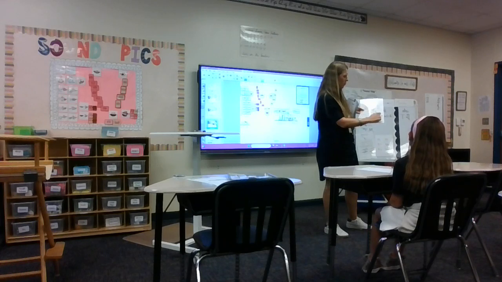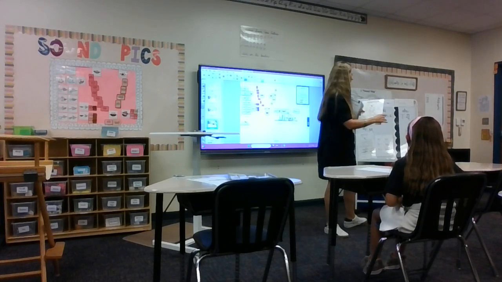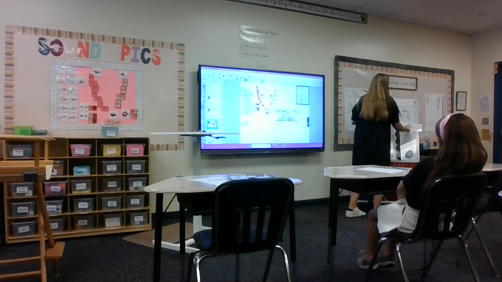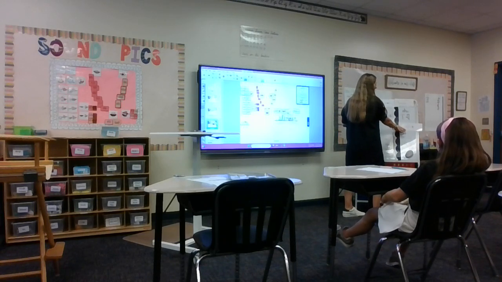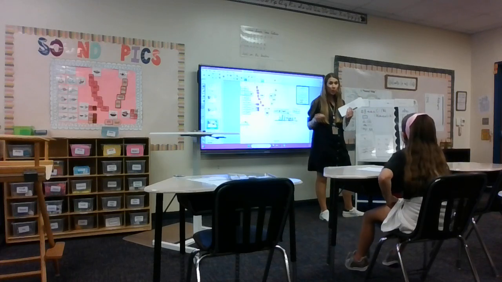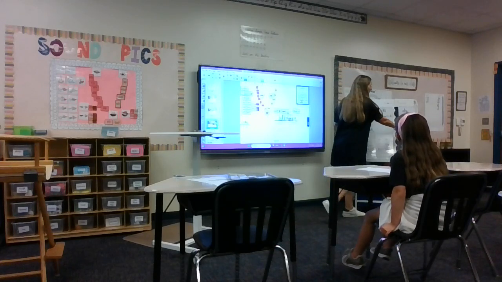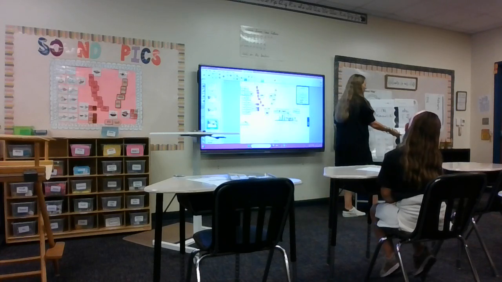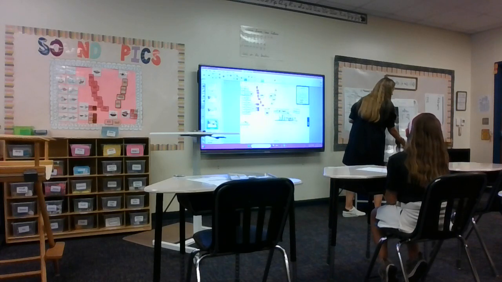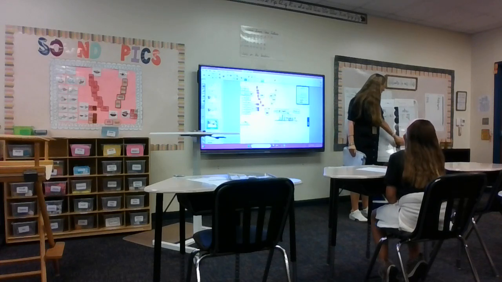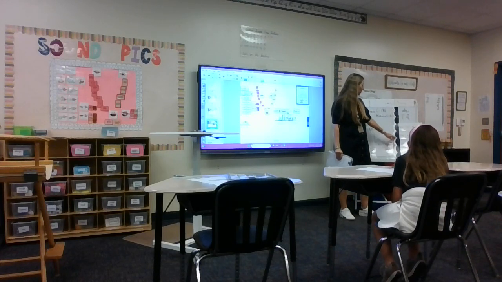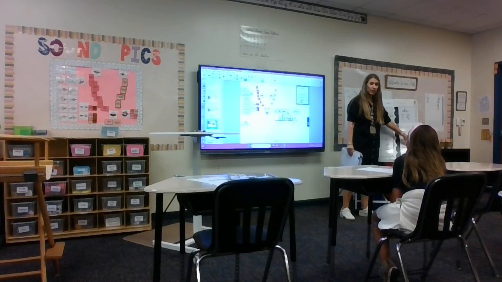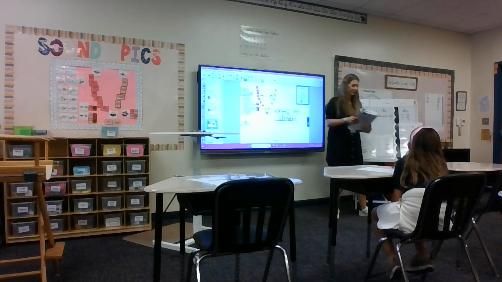When we make that decision, we're thinking, is the suffix a vowel or a consonant? If the suffix is a consonant, we just add. If the suffix is a vowel, we need to look at the last three letters. If it is two consonants, we just add. And if there is a vowel team, we just add. Very good.